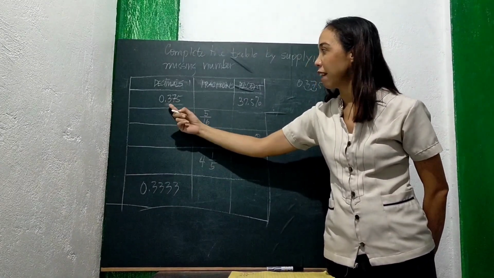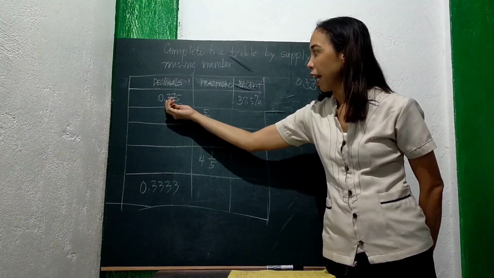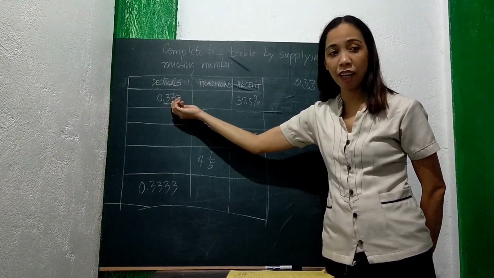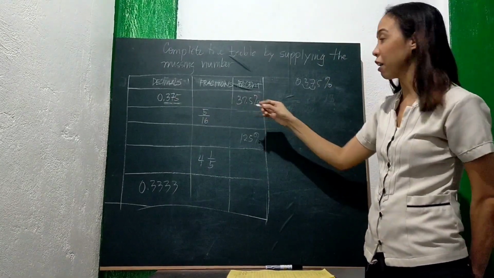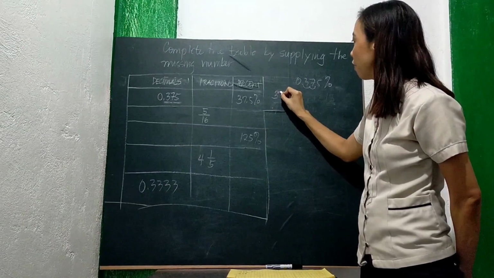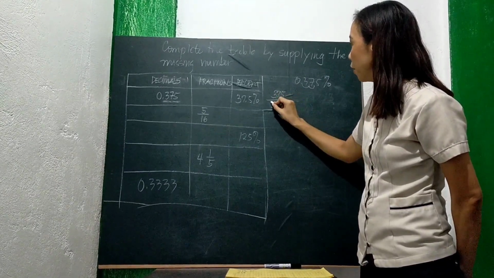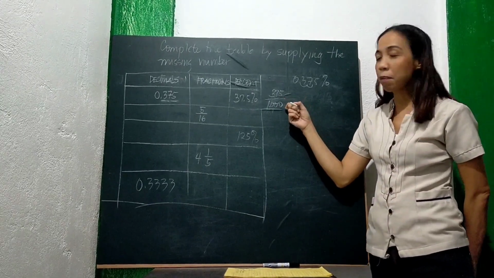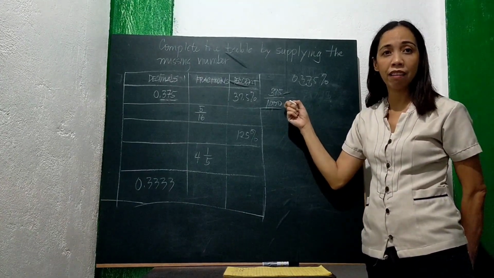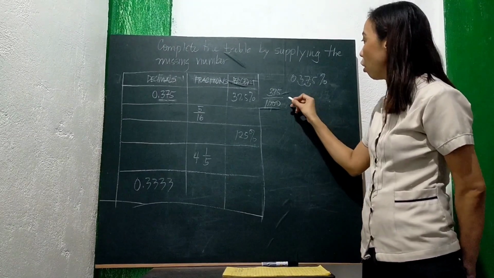Next. Okay, let's try to convert this into fraction. We have 3 decimal places. So we have tens, hundreds, and thousands. So if we convert this into fraction, we will have 375 over 1,000. We will simplify this fraction into lowest term.